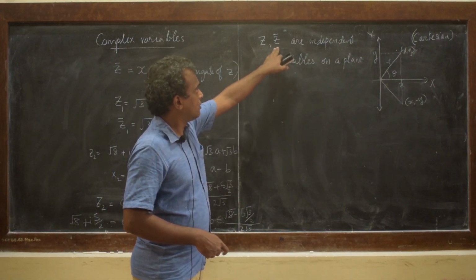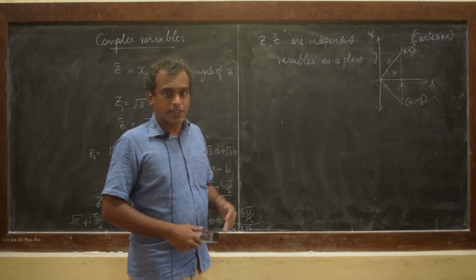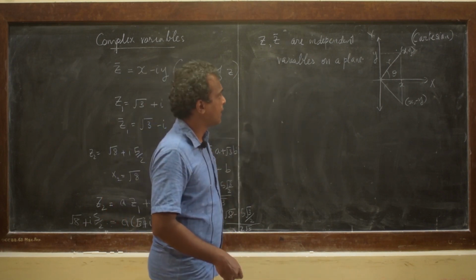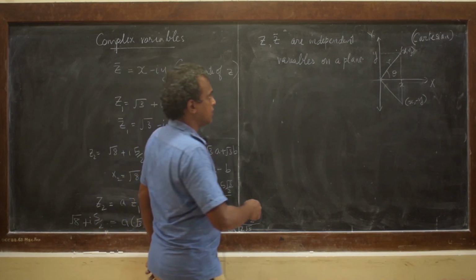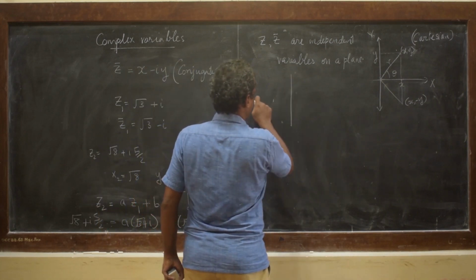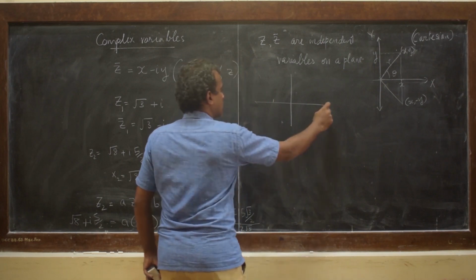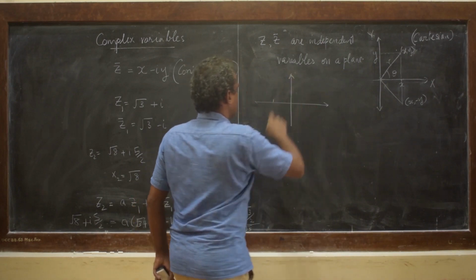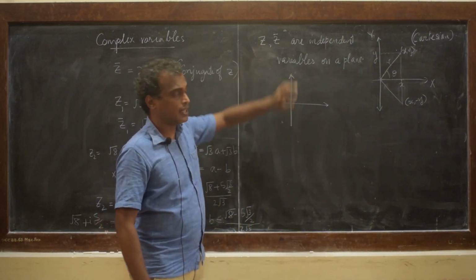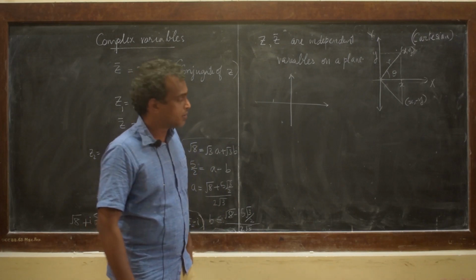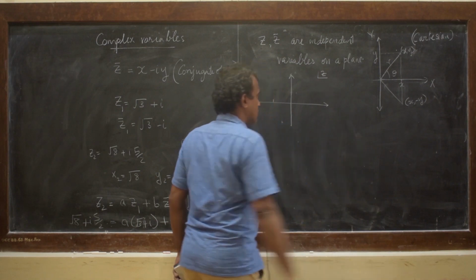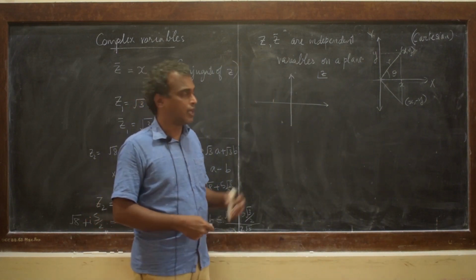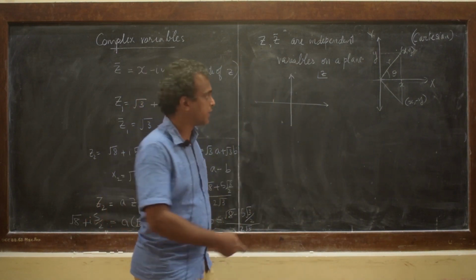So, it is clear that z and z bar fit the bill, and from now onwards we will represent a plane in which we intend to use z and z bar as the variables as a complex plane. We will henceforth refer to it as a complex plane.